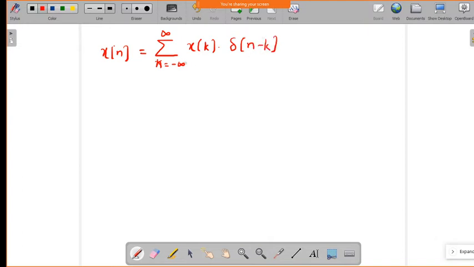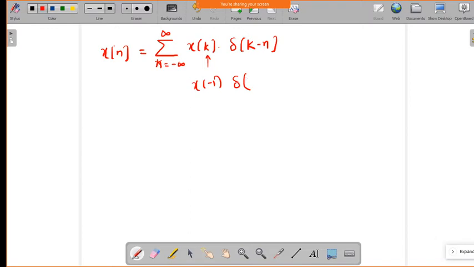Okay, so now, if you take it, it is something like k minus n, not n minus k. See, for example, if I take x of minus 1, what will happen? If you put the value of k, we will get to know whether we are plotting it correctly or not.